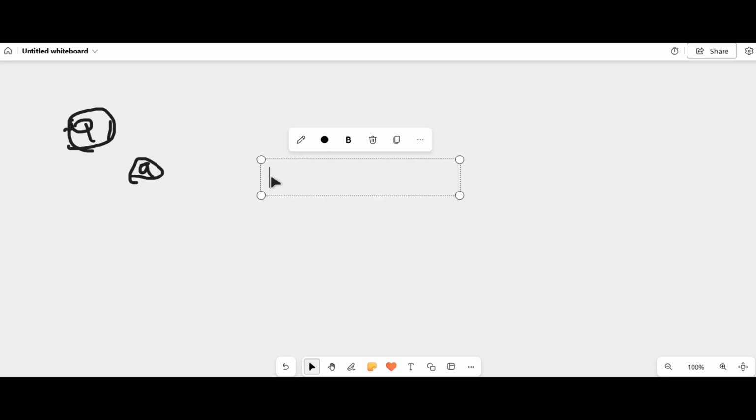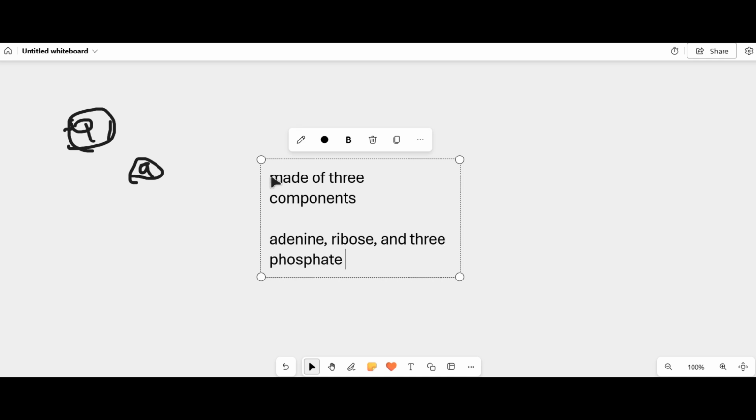Alright, calm. This is the sixth sheet inside topic 1, ATP. Question 1A. Describe how an ATP molecule is formed from its component molecules. So obviously it's made of 3 components: adenine, ribose, and 3 phosphate molecules.